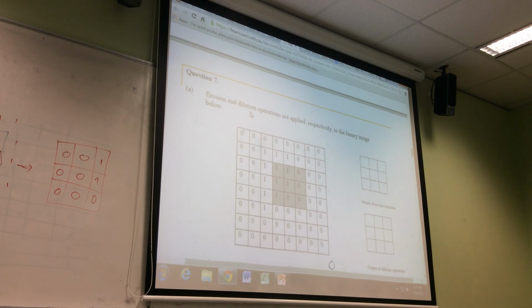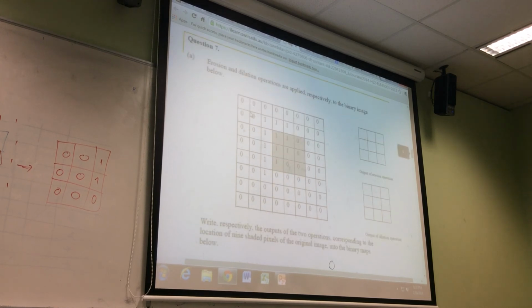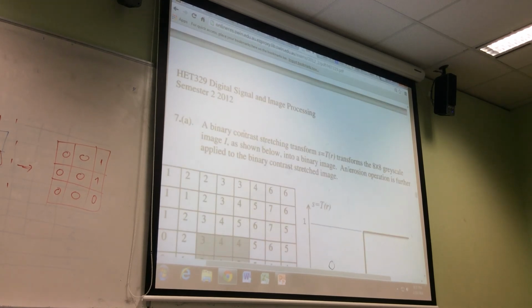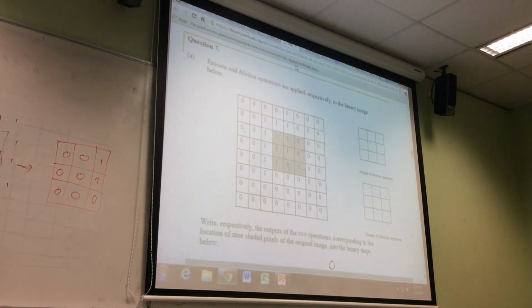We haven't done erosion and dilation operations together. We just did the mapping.